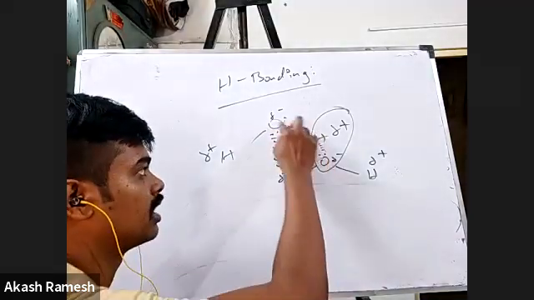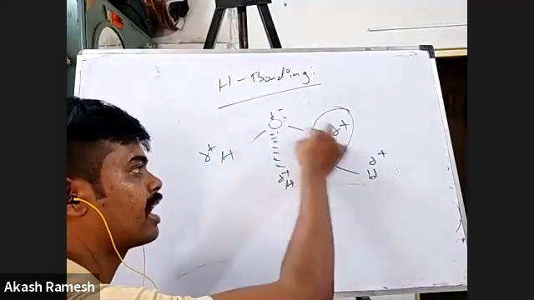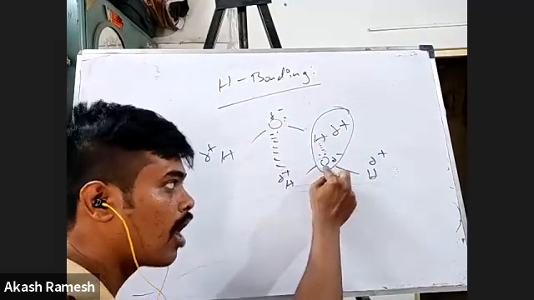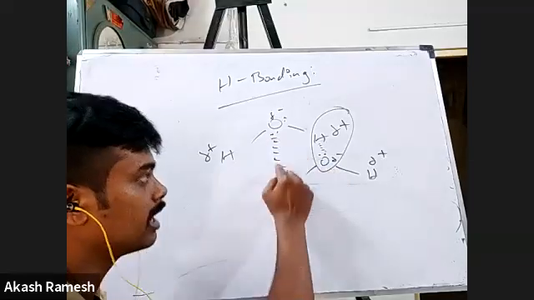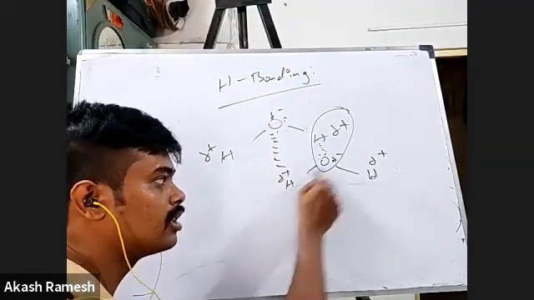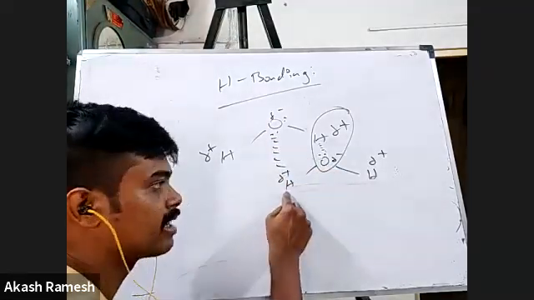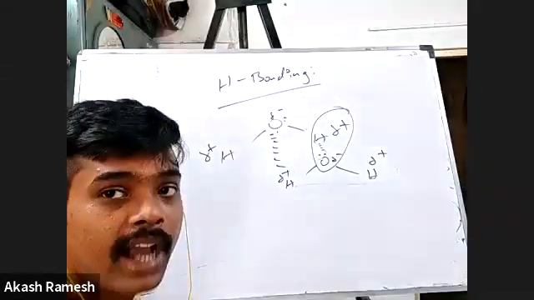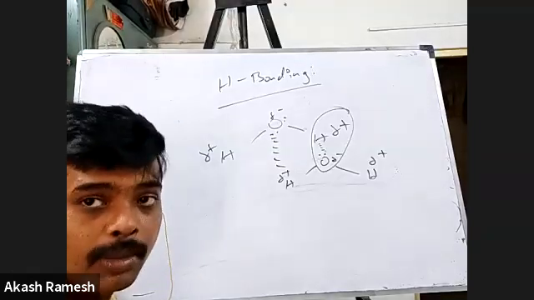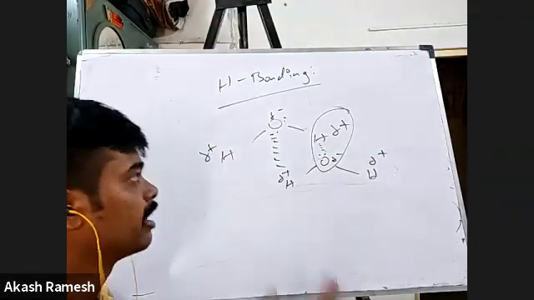So in this case, what you see, if this OH bond is acting as hydrogen donor and this oxygen atom is acting as a hydrogen acceptor, right? But you see here what is happening, this OH bond is acting as a hydrogen donor and this oxygen atom is acting as a hydrogen acceptor. Are you able to get what I'm saying, people?